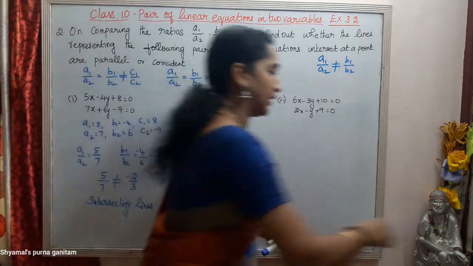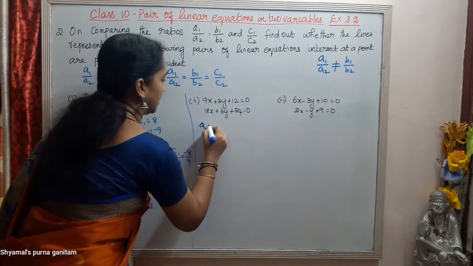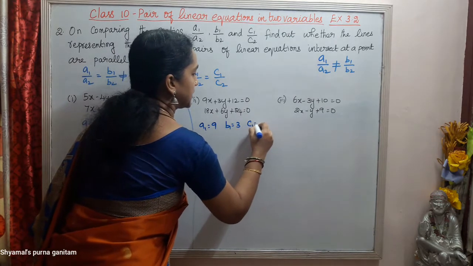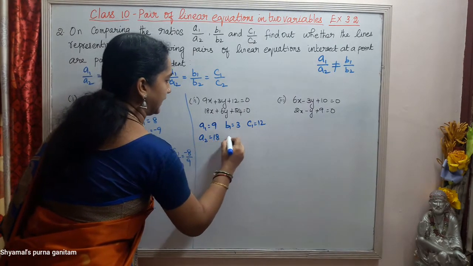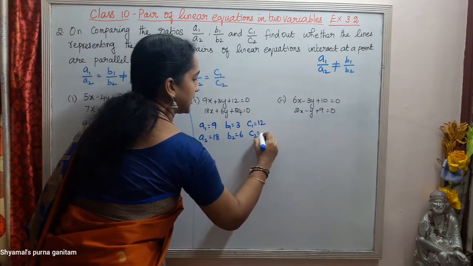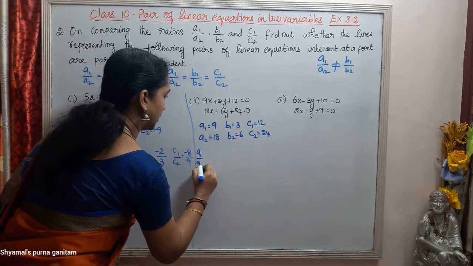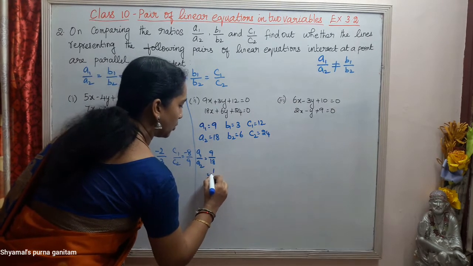For the second one, A1 is equal to 9, B1 is equal to 3, C1 is equal to 12. Then A2 is equal to 18, B2 is equal to 6, C2 is equal to 24. Comparing, A1 by A2 is 9 by 18, which simplifies to 1 by 2.